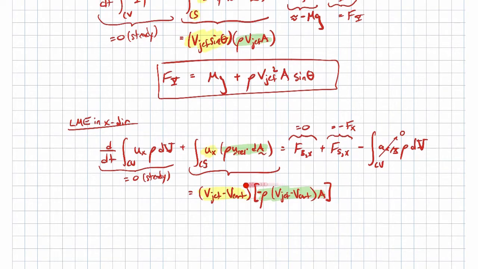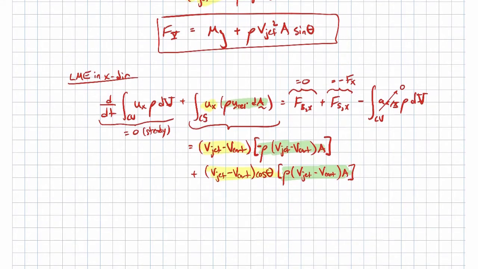So that's at the inlet. Let's do the outlet. The outlet, the x component of the velocity is vjet minus vcart cosine theta. And then the mass flow rate there will be rho vjet minus vcart times the area. So again, I'll highlight the corresponding terms. That's our ux term, and then here is our mass flow rate term coming out.